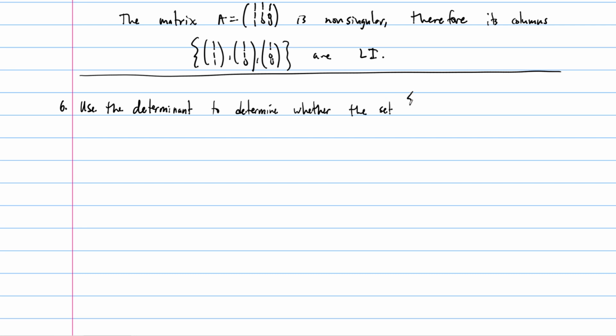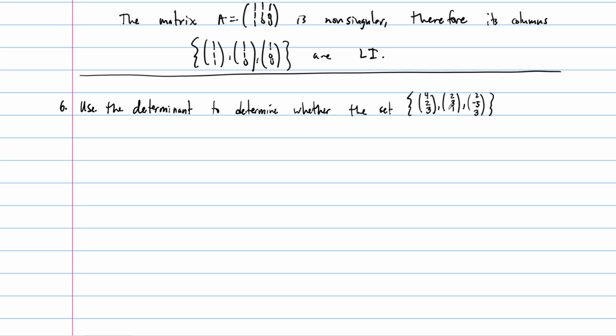The vectors that I'd like you to check are 4, 2, 3, then 2, 3, 1, and then the third one is 2, negative 5, 3.